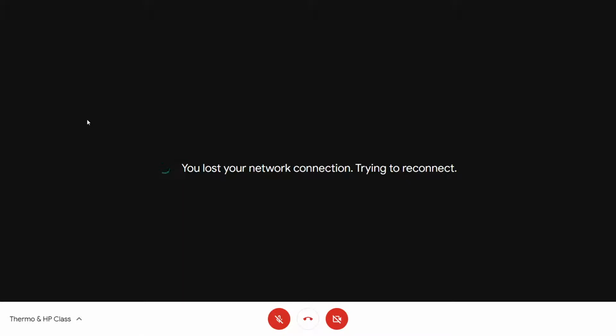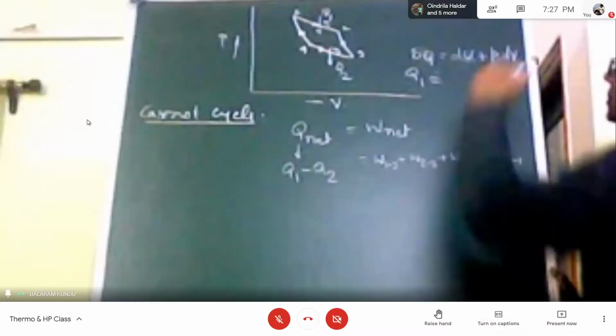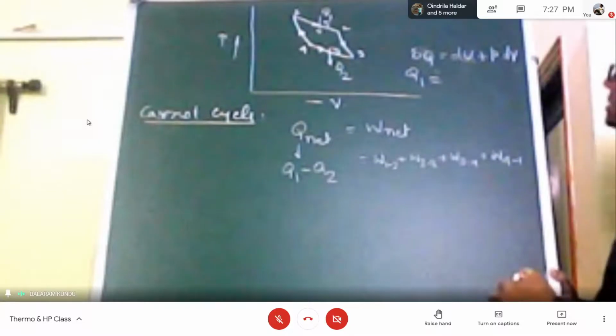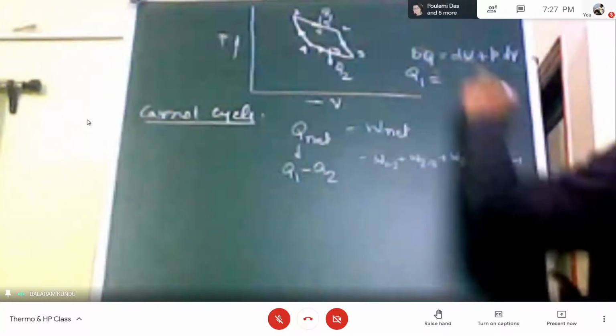In an isothermal process, your internal energy does not change here, so dU equals 0, and therefore Q1 should equal PdV.